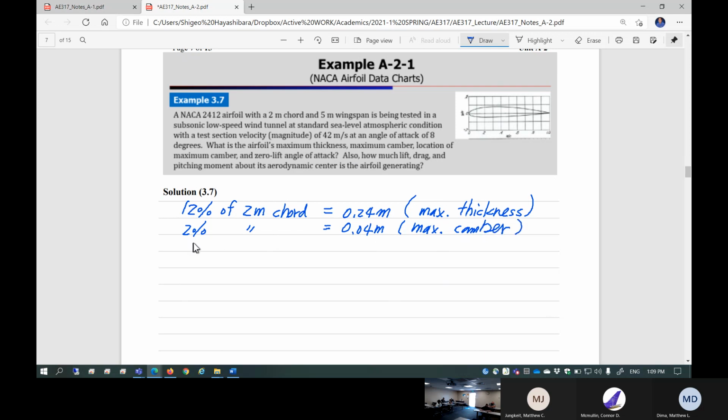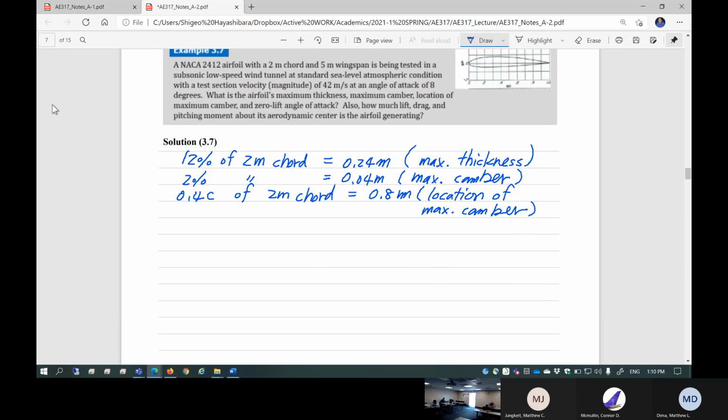And the location of maximum camber is 0.4 C of the 2-meter chord. So this is 40% chord, which is 0.8 meter, measured from the leading edge. Oh, that's easy. So this is a standard 4-digit NACA.